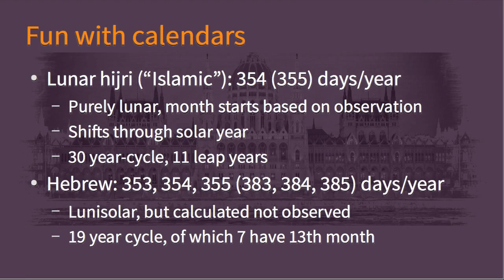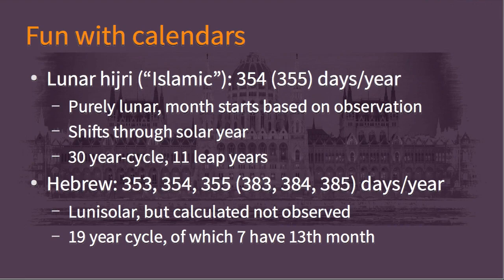More calendars. The lunar Hijri calendar, sometimes called the Islamic calendar, is in contrast not based on the sun, it's based on the moon. And months start when people on Earth can observe the new moon and the crescent of light from the new moon. And so it has a cycle of 354 or 355 days a year, which you'll observe is less than 365.24.